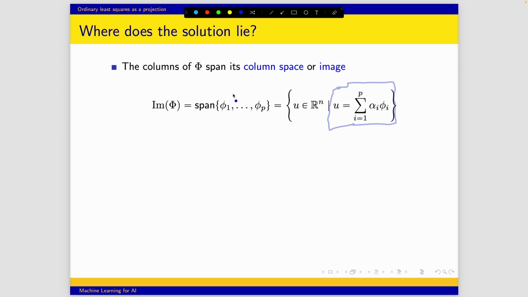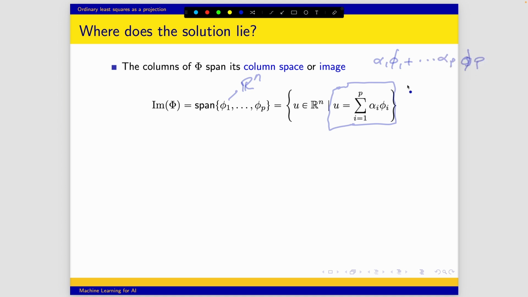And each of these is in R^n, right? So any linear combination will lie in R^n. So what is a linear combination? It's just a constant alpha 1 times the first one, phi 1, plus another constant alpha 2 times phi 2, etc. So it looks like this: alpha 1 phi 1 plus dot dot dot alpha p phi p.